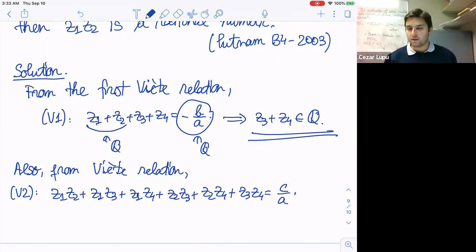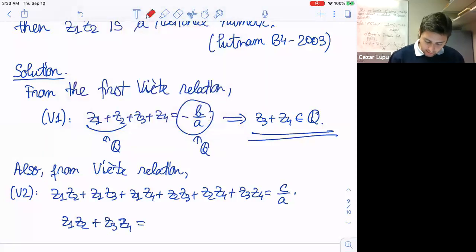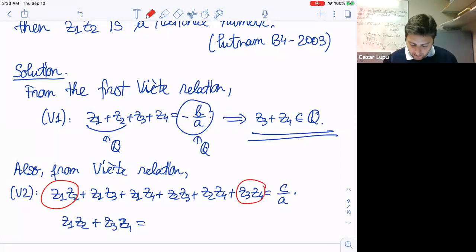So let's rewrite this relation V2 in the following way. And now we have to be very careful with what we want. Let's write z1z2 and leave it alone, and also put here plus z3z4. Now everything else, I can factor very nicely.